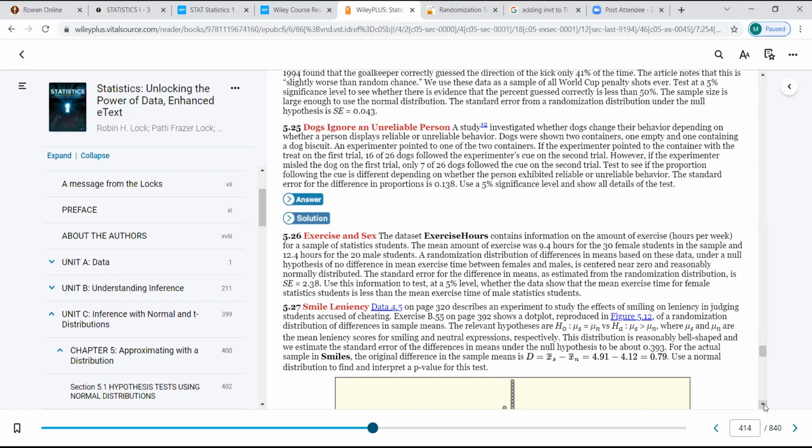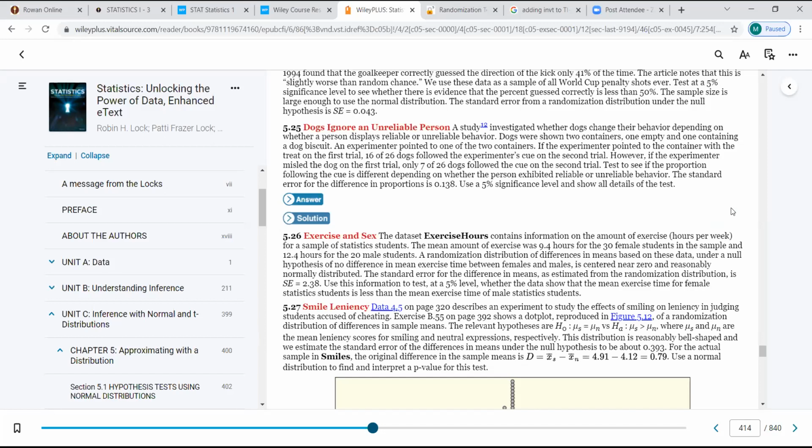So you would say something like the proportion for group 1, the reliable group, is different or not equal to the proportion for the unreliable group. So it would be not equal to in the alternative hypothesis. The null hypothesis, there's no difference. It says use the 5% significance level. And by the way, they said the standard error is 0.138. 0.138 is our standard error.